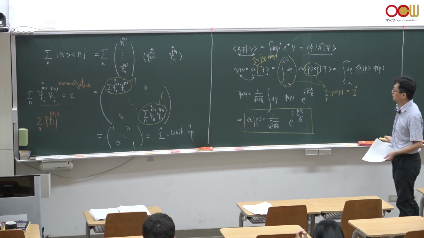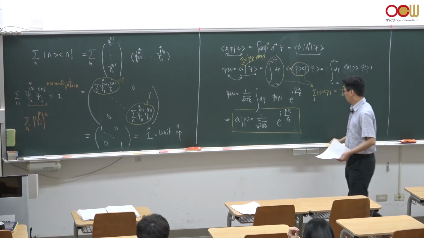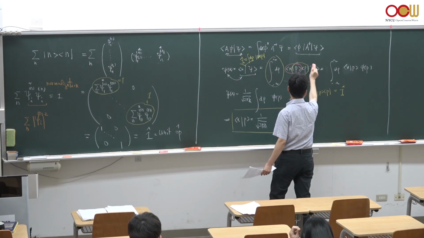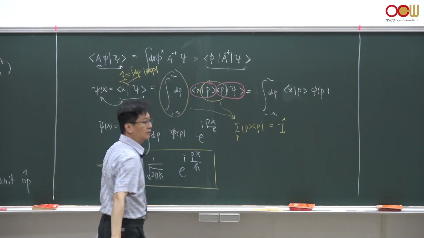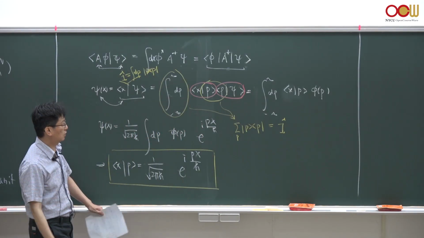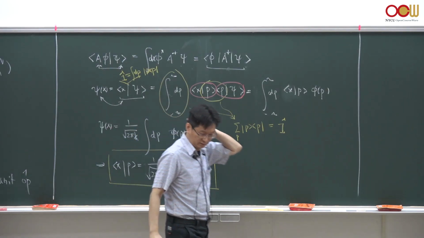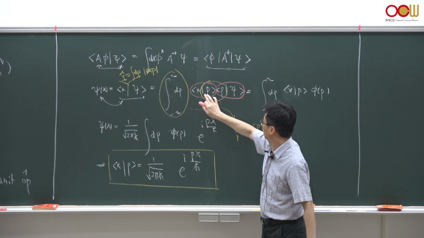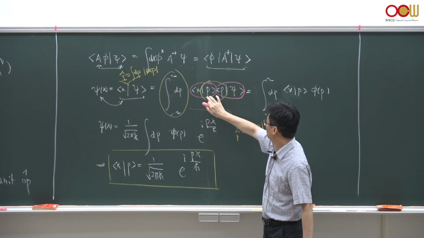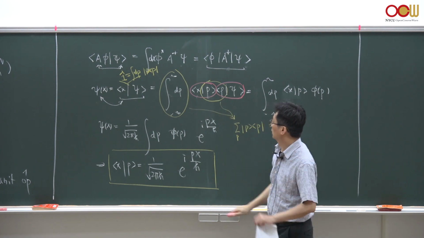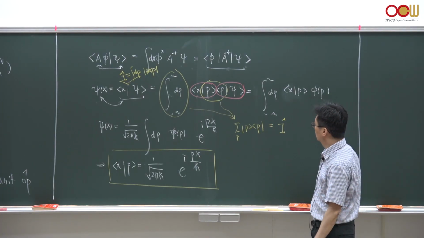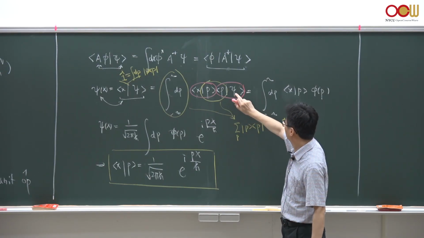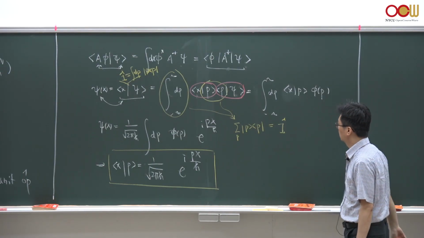In the middle between x and psi, I can simply expand this expression and look at the different combinations of these Dirac brackets. So I get the projection of the momentum eigenstate onto the position eigenbasis, the Dirac state x, and also the projection of psi onto the momentum eigenstate p.